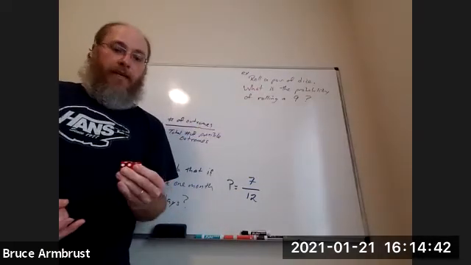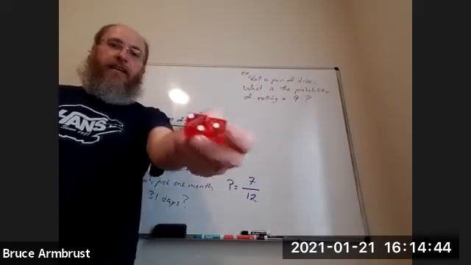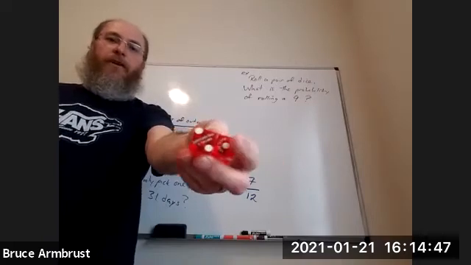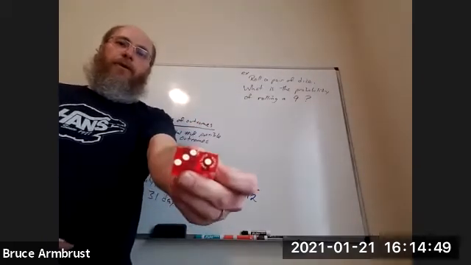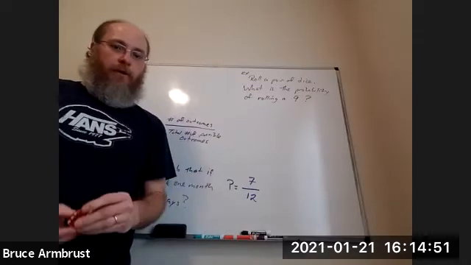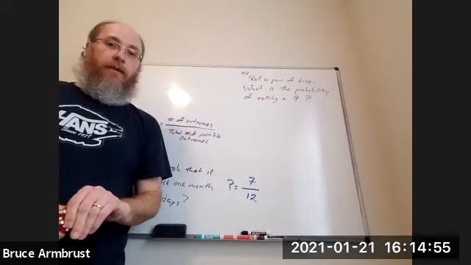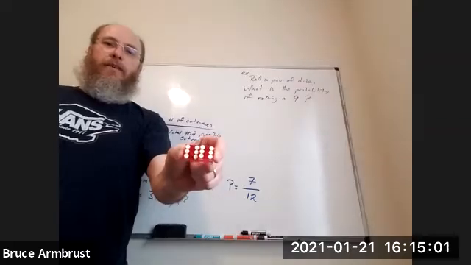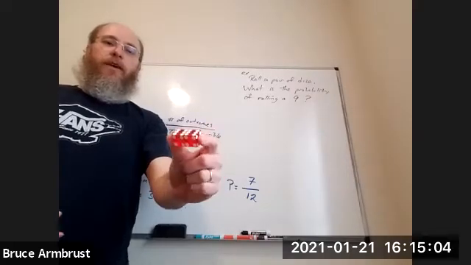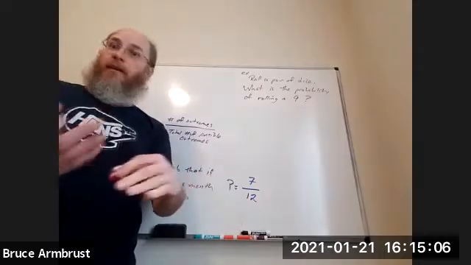Obviously, I could get a total of 3, a 1 and a 2. I can get a total of 4, and they keep getting bigger and bigger. What's the largest I can get? That would be 12, boxcars. Two 6s, I get 12. But I can get everything between 2 and 12.